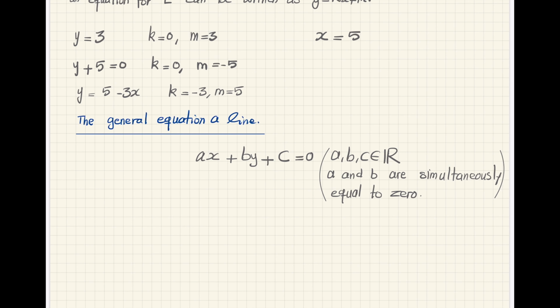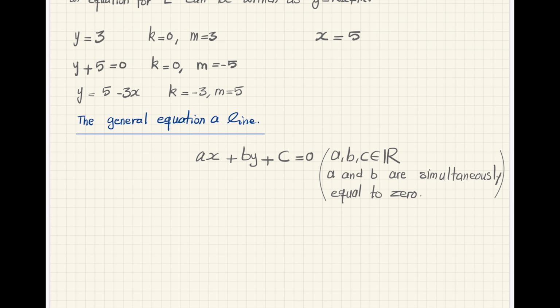I am claiming that if you have an equation of this form, and you choose whatever you like for A and B and C, with only one restriction, that you are not allowed to choose 0 simultaneously for A and B, then this equation is an equation for a straight line.